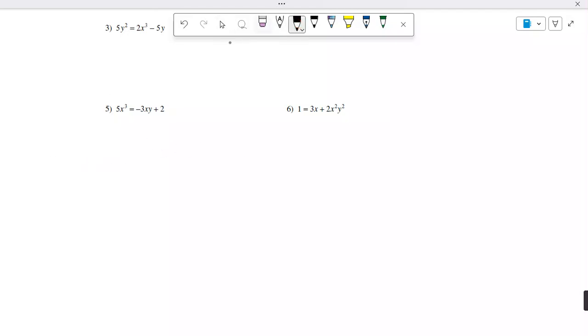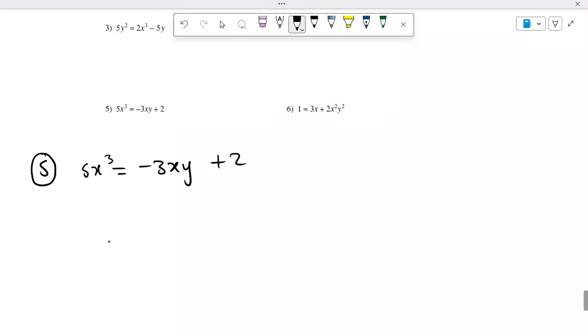If you've seen, we have a term which has both x and y. So number 5: 5x to the power 3 equals negative 3xy plus 2. So we use the product rule.